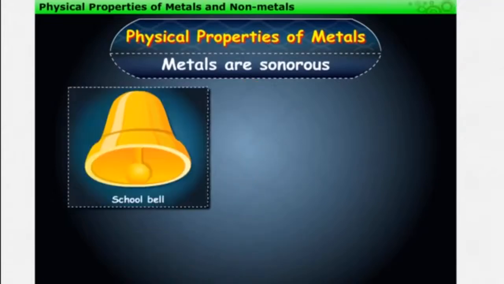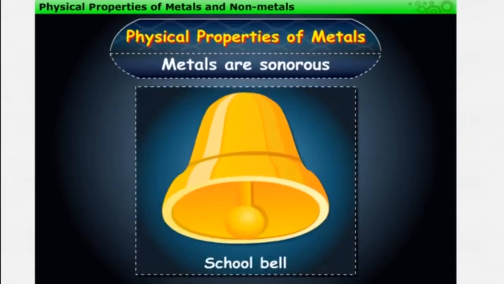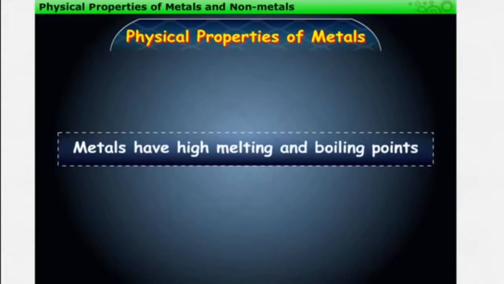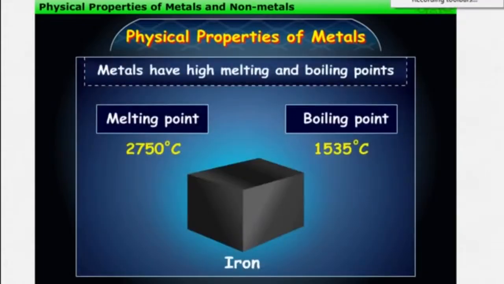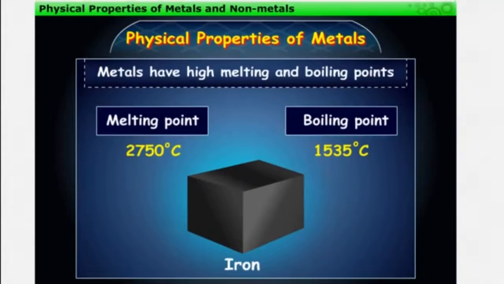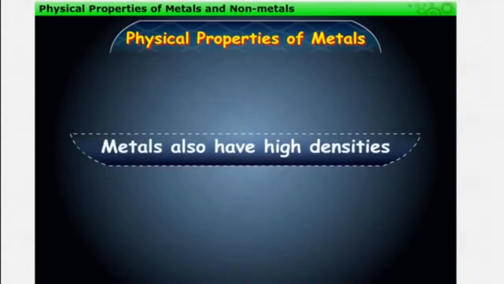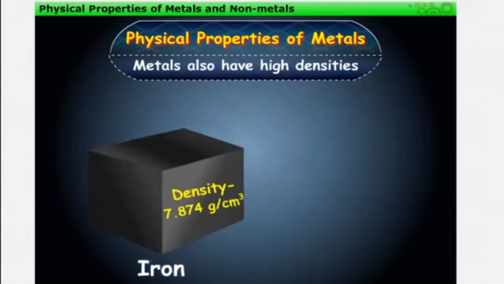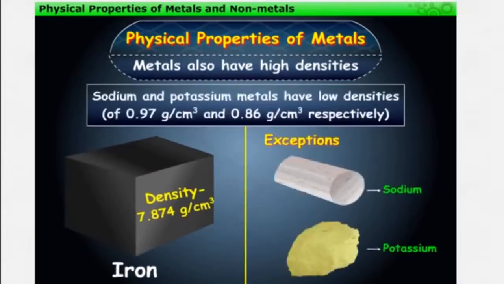As such, school bells are made of metals. Metals generally have high melting and boiling points, for example, iron. Metals also have high densities, due to which they are heavy, for example, iron. Exceptions are sodium and potassium, which have low densities.